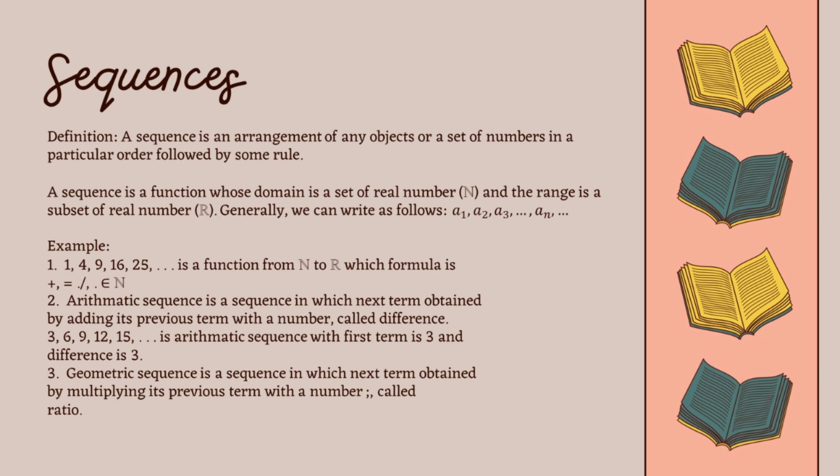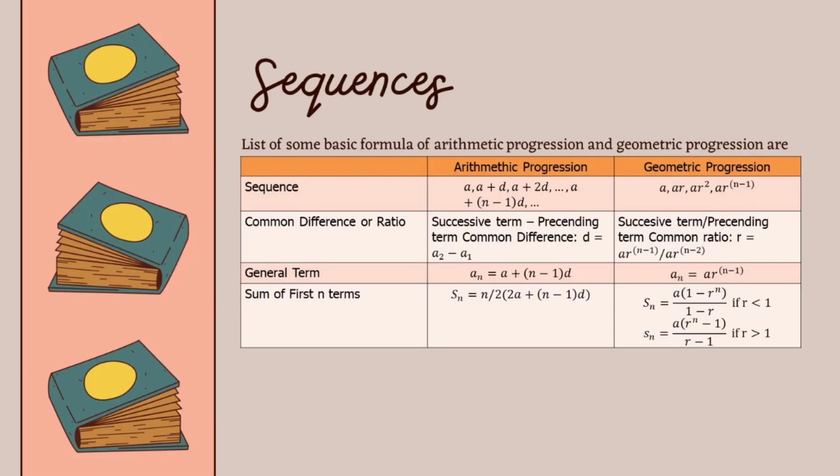3. For the last example, geometric sequence is a sequence in which the next term is obtained by multiplying its previous term with a number called the ratio. A list of some basic formulas of arithmetic progression and geometric progression are: sequence for arithmetic progression, a, a plus d, a plus 2 times d, a plus the quantity n minus 1, the quantity, times d.